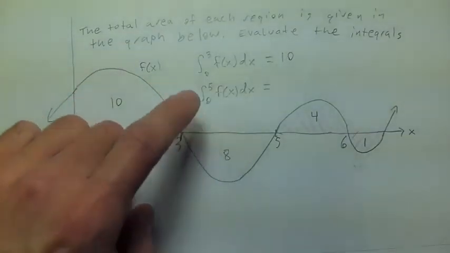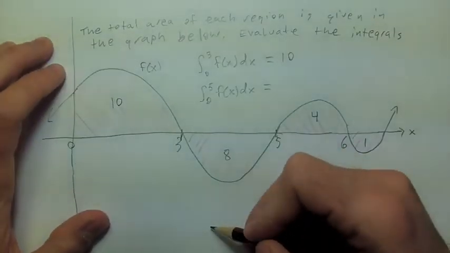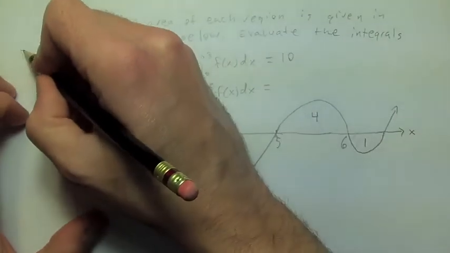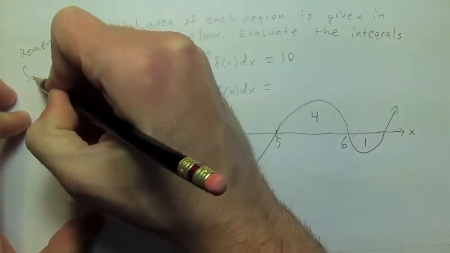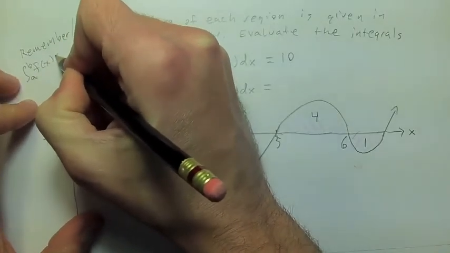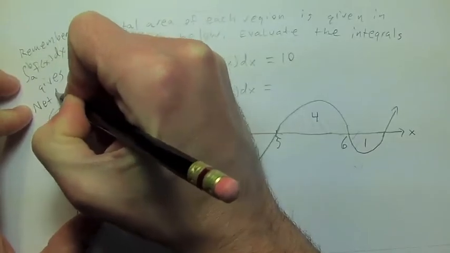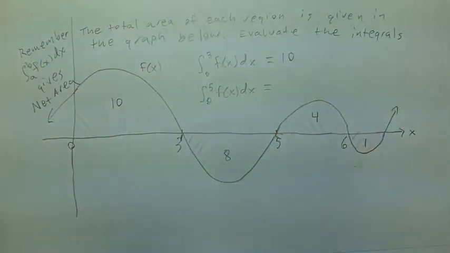But remember, the integral from a to b of f of x dx gives net area, whereas these numbers that we're given here are total areas. So they're all going to be positive.